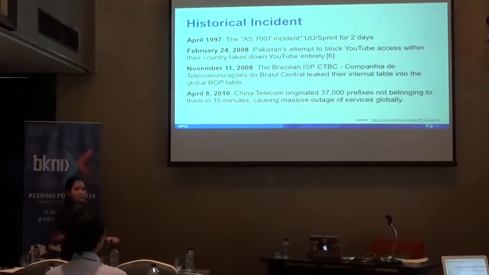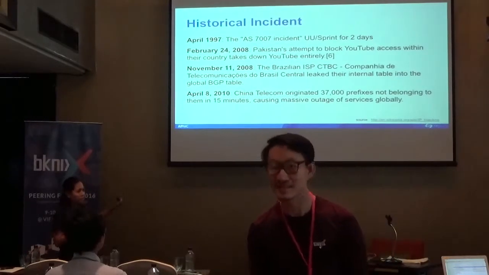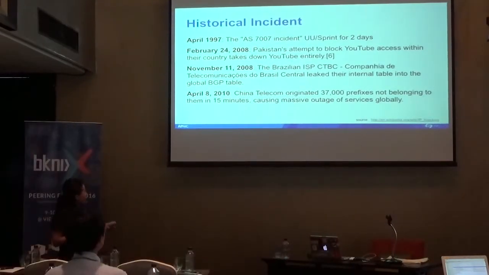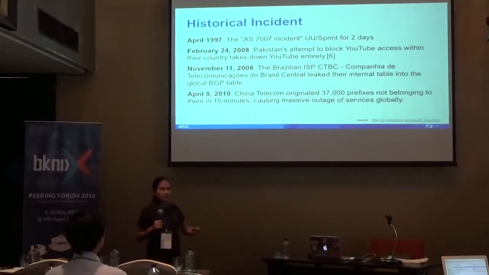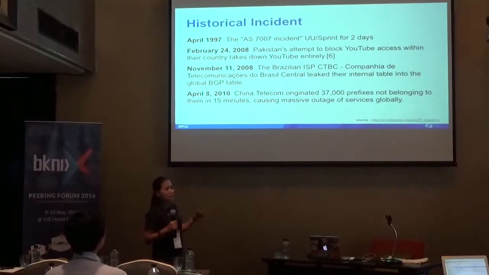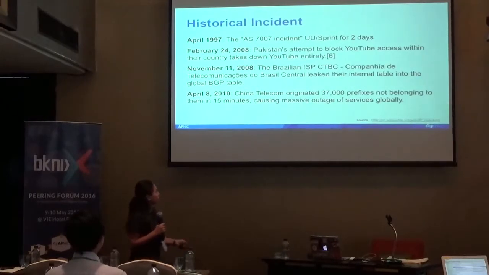Here, you can see just a few of them, really, some of the big major events that have happened. This one, in February 2008, by YouTube, is very popular. It is actually one of the triggers when a lot of people in the community started pushing RPKI. What happened here?